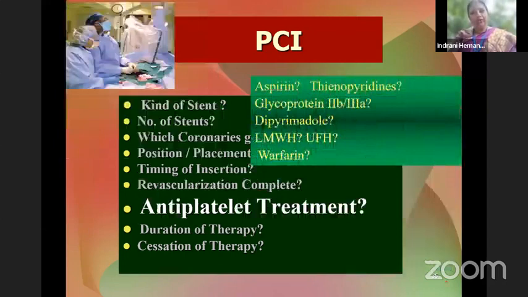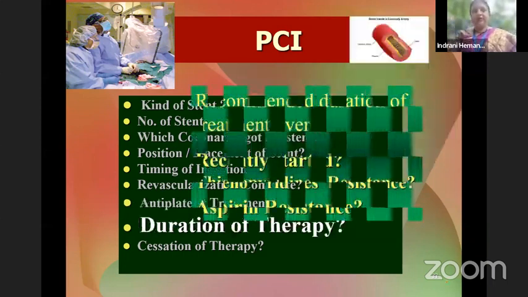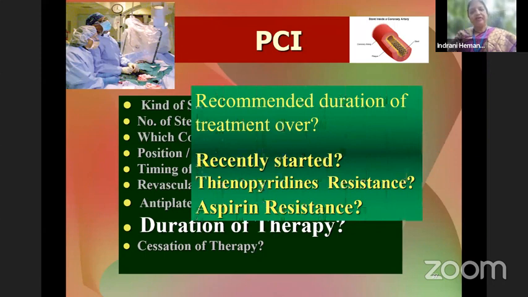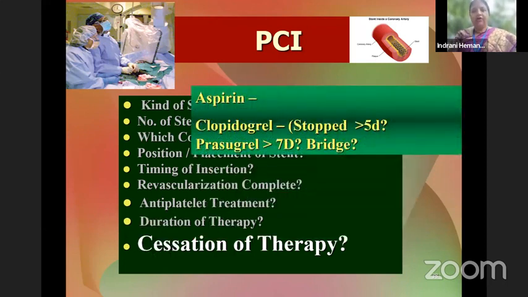Is the patient on monotherapy or polytherapy with dual antiplatelet therapy? Or on dual antiplatelet therapy with heparin? So all these questions also have to be asked. Or whether the recommended duration of treatment is over, or recently started. Is there any resistance, any aspirin resistance?